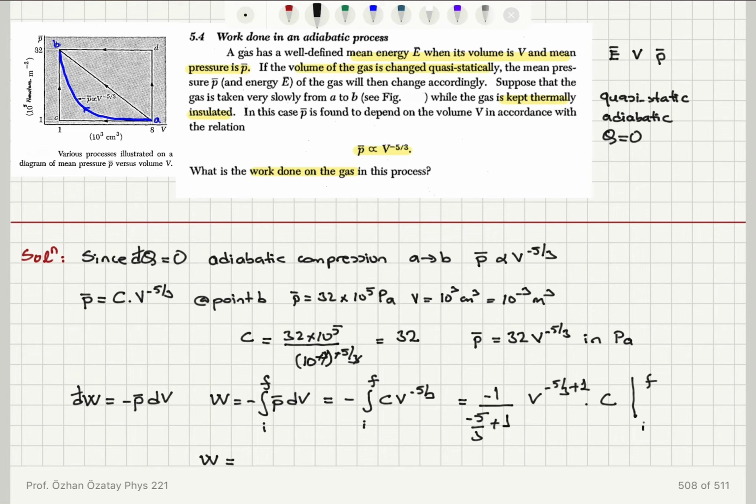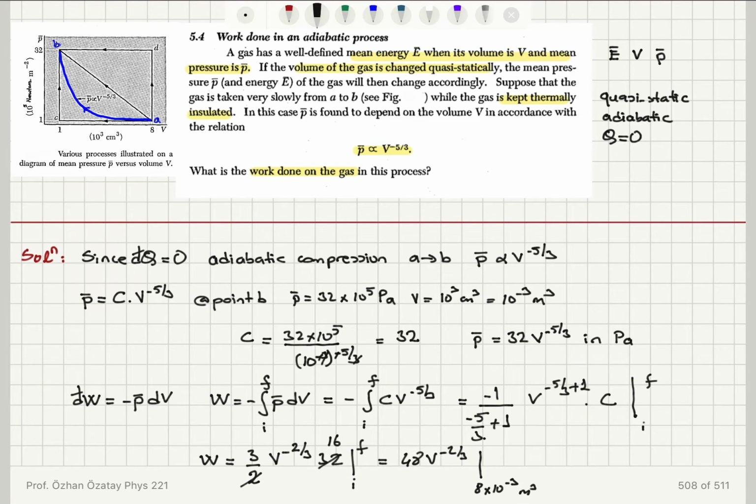So the work done will be equal to: minus 5/3 plus 1 gives us minus 2/3. Because there's a minus sign, it will become plus. So it's 3/2 volume to the power minus 2/3 times 32 between initial and final states. So this 2 will make this 3216, so it will be 48 V to the power minus 2 over 3 between the volumes. Initial volume is equal to 8 times 10 to minus 3 meter cube.